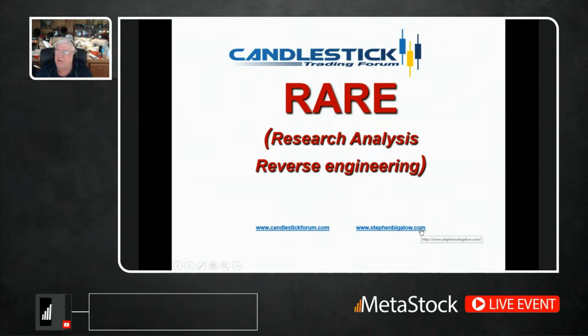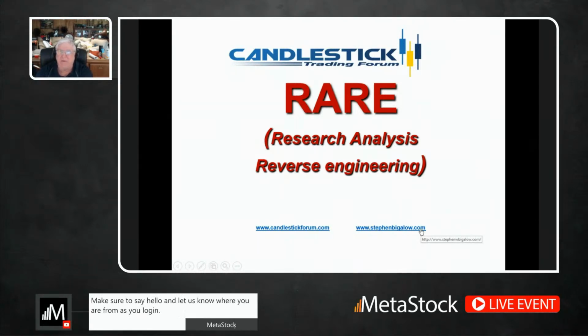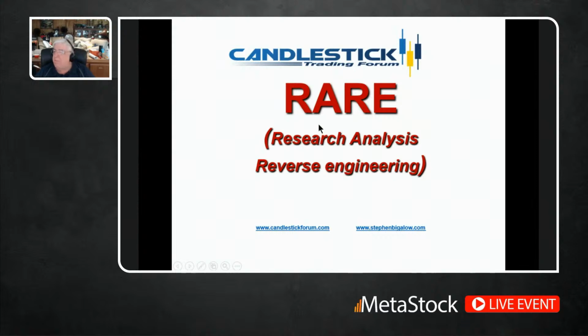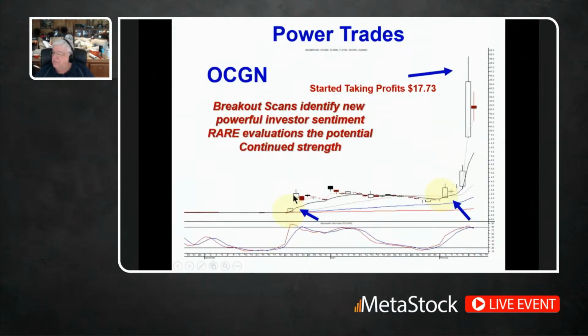That's what the charts illustrate. But recently, we've changed that to this research analysis, reverse engineering: if we see a breakout and see that it's a candlestick buy signal, we can go back and see why that breakout occurred. So we just go back and see what the news was that created that breakout, to see whether it warrants going up further.